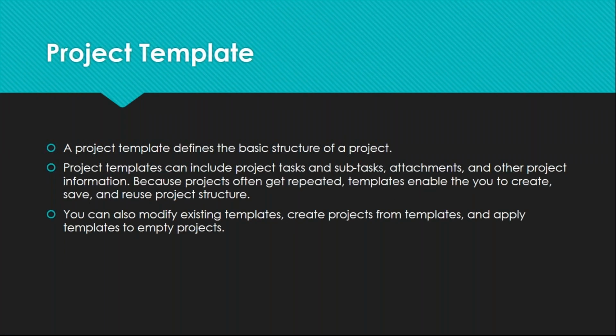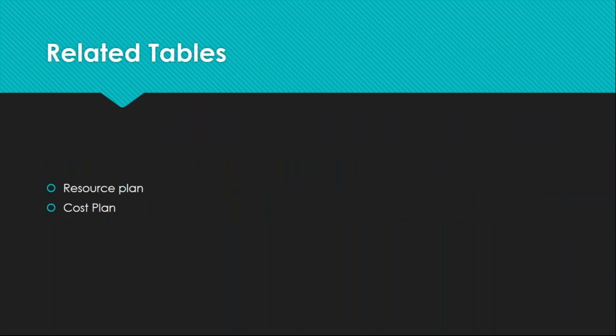Project templates can include project tasks, subtasks, attachments, and other project information like the details of that project, finance, and everything. Because projects often get repeated, templates enable you to create, save, and reuse the project structure. You can also modify existing templates, create projects from templates, and apply templates to empty projects.